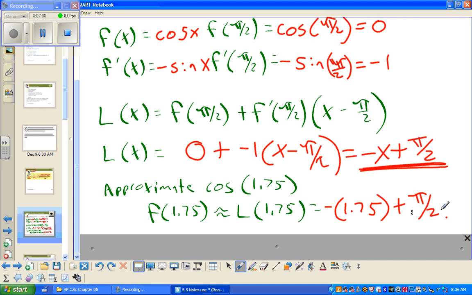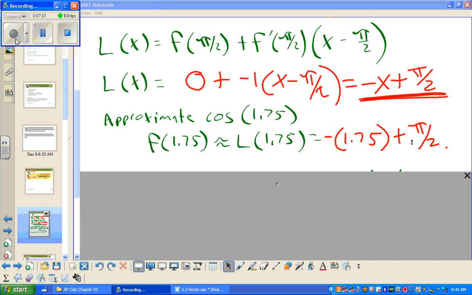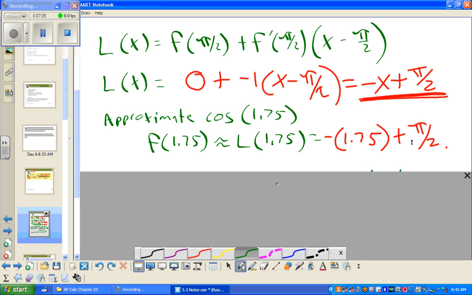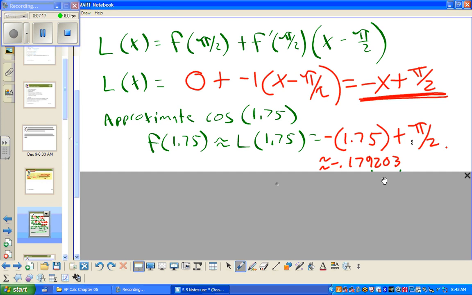And that would be your answer. So that value is approximately negative 0.1792036.732. So that's what we get for a value. That's our approximation when x is 1.75.